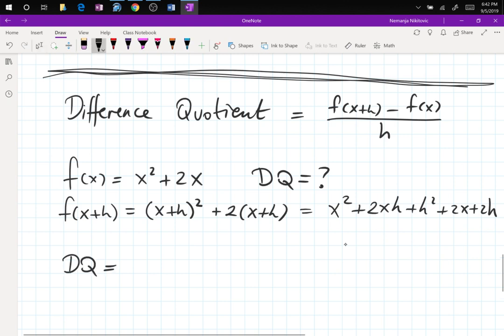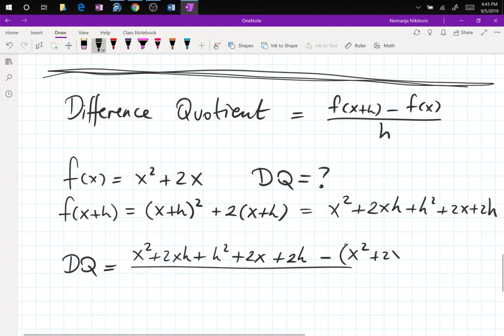DQ is equal to, we'll have to have a longer line because f of x plus h is this: x squared plus 2xh plus h squared plus 2x plus 2h, and now minus the original function in parentheses, that's x squared plus 2x. We'll have to distribute that minus later. And everything is divided by h.